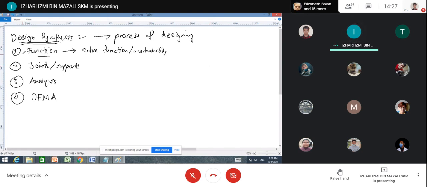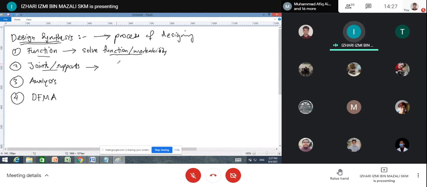So now, for the first question here, number 1 function, we will have to make sure how can we make the wheel be able to be steered by a driver. So we basically try to solve the function first. Okay, and then joints and support.